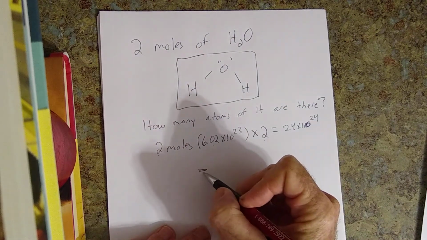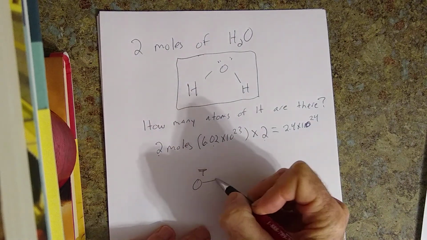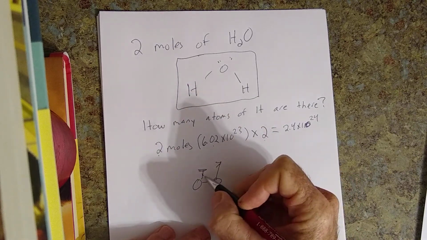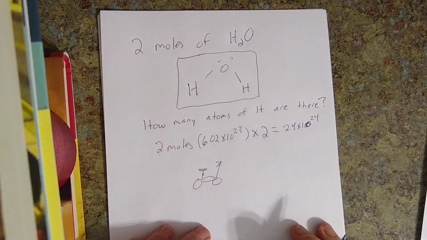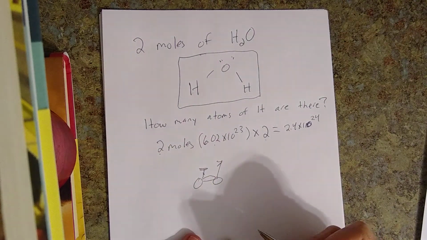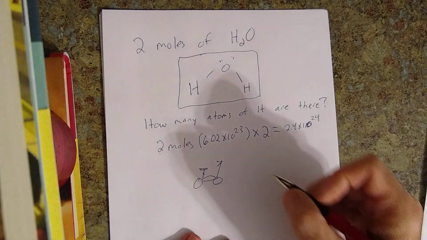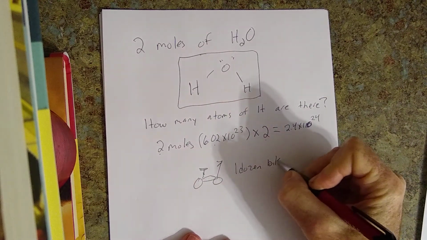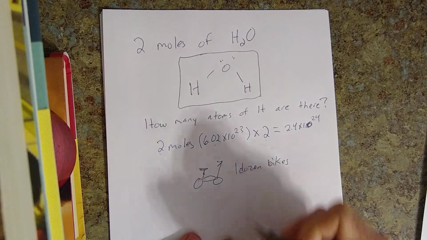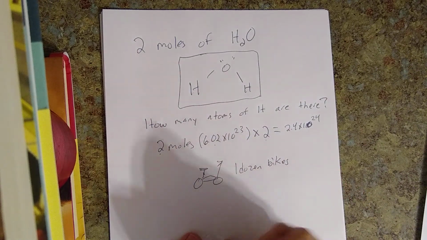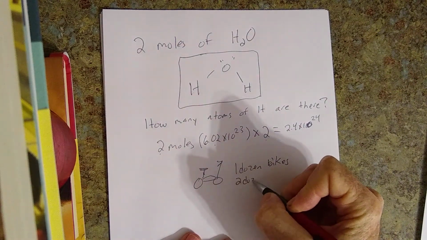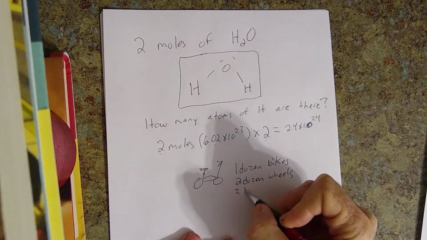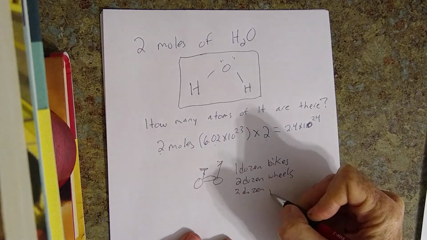Like let's say we're talking about bicycles, okay? And this is a really bad bicycle. All right. So let's say we got bicycles. If you have a dozen bicycles, then guess what? How many wheels do you have? You have 2 dozen wheels. You have 2 dozen pedals.